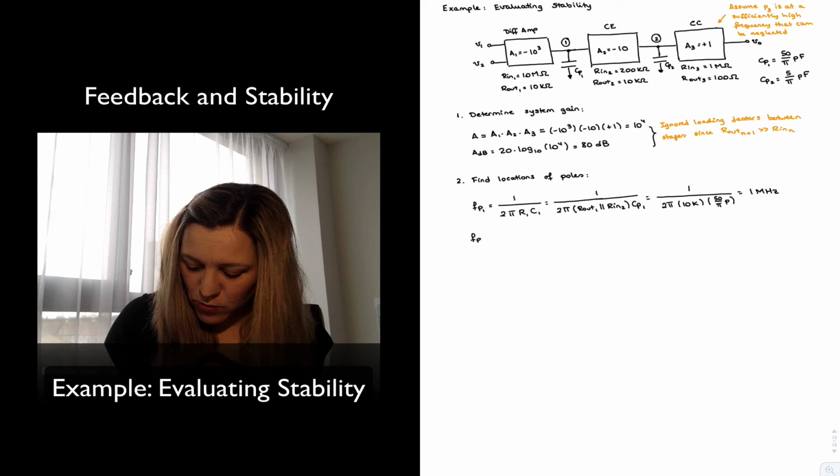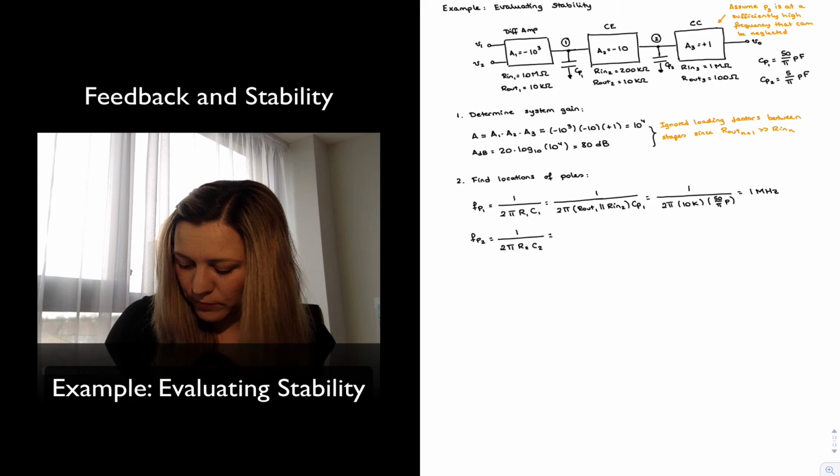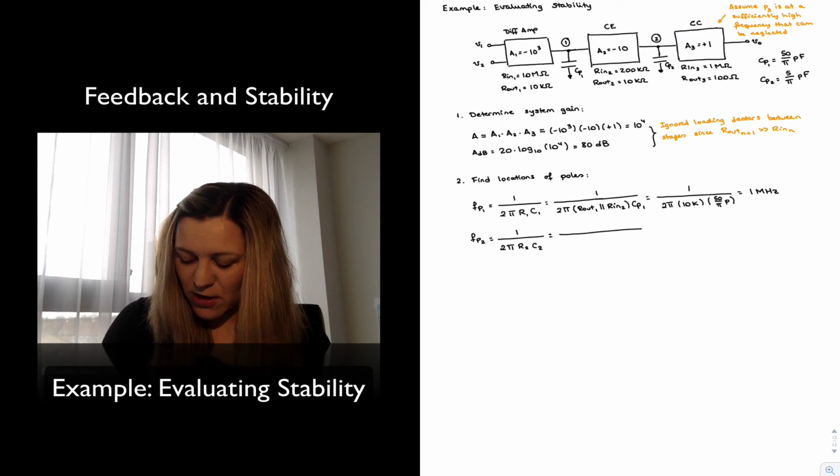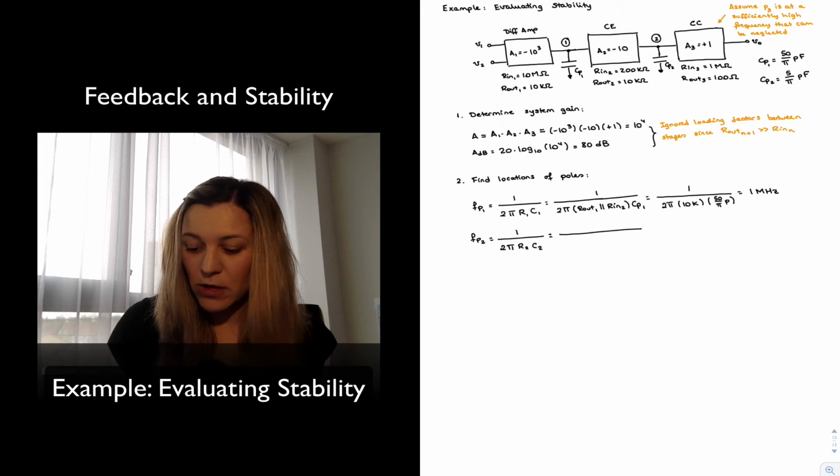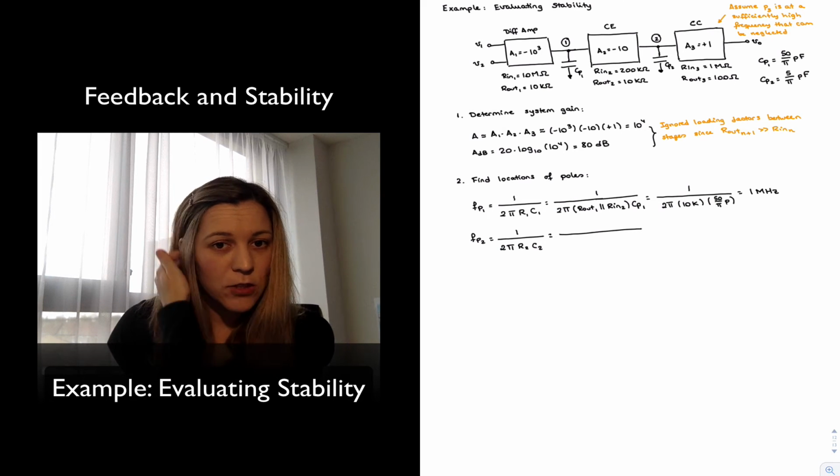My second pole, I will follow a similar approach to calculate its location, except in this case it's going to be 1 over 2 pi R2 C2, R2 being the equivalent resistance connected to node 2, C2 being the equivalent capacitance connected to node 2.